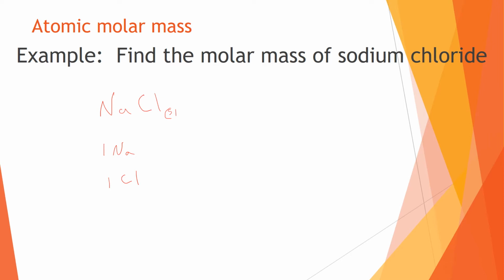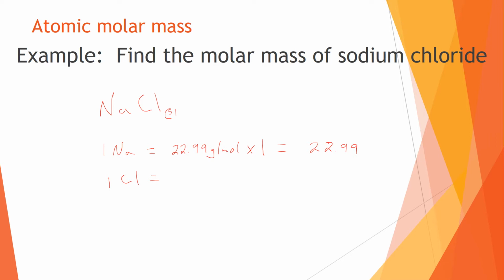Next, I go on my periodic table and look at the atomic molar masses of each of these. Sodium, number 11 on your periodic table, has a molar mass of 22.99 grams per mole. And I only have one atom of sodium in my molecule, so it would equal 22.99.